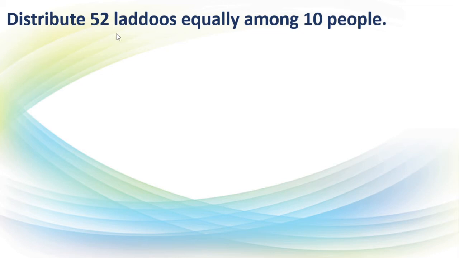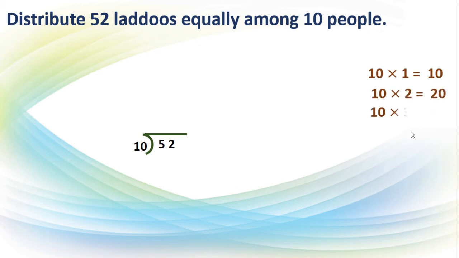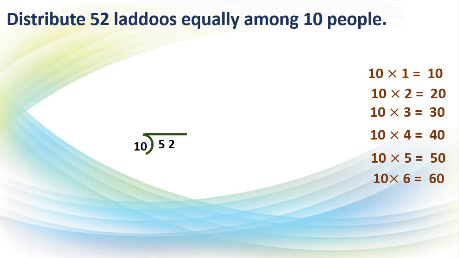Distribute 52 laddus equally among 10 people. Laddus are there. How many laddus are there? 52. And how many people? 10 people. So we will divide 52 laddus among 10 people. Okay? 52 divided by 10. Okay, 10's table we will recite. 10 ones are 10, 10 twos are 20, 10 threes are 30, 10 fours are 40, 10 fives are 50, 10 sixes are 60.